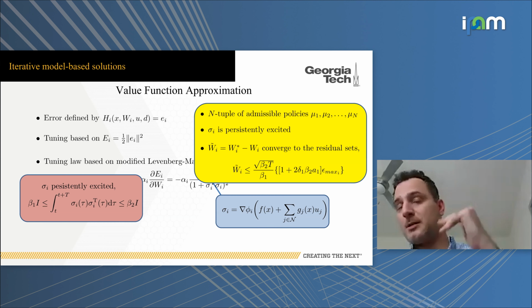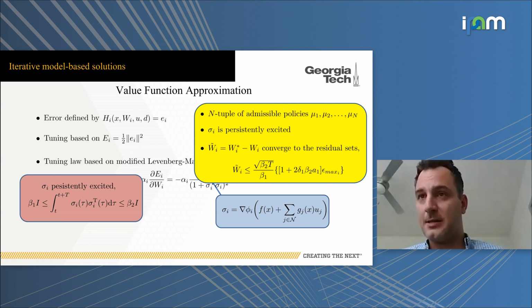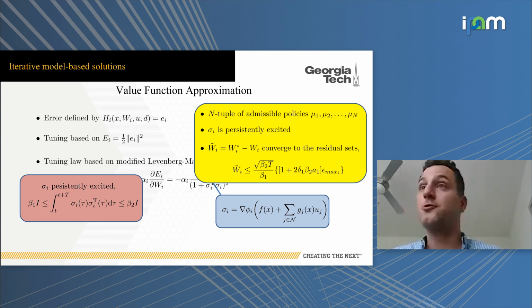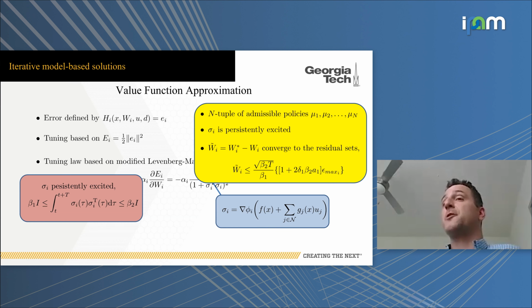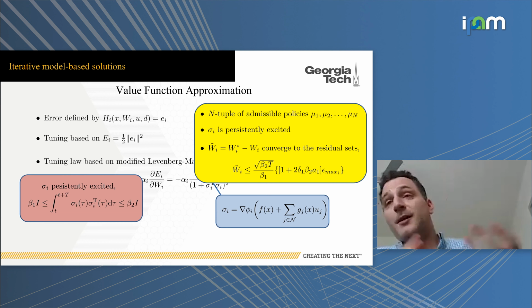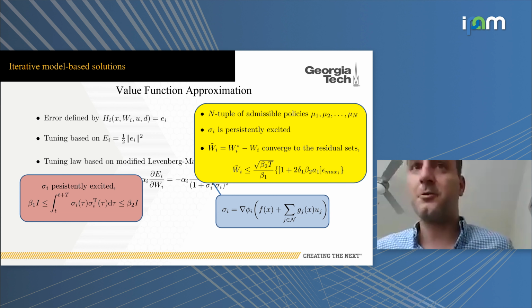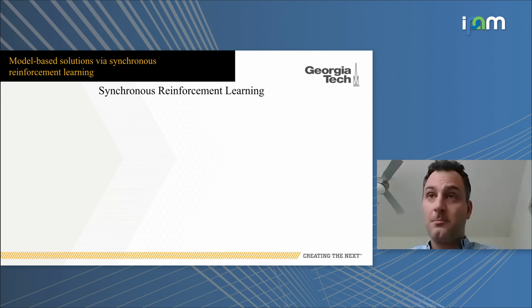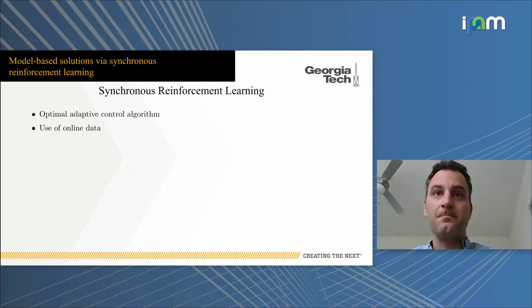Okay, so of course, as I said, we have theorems that we can prove that we're very close to the optimal solution. This is for nonlinear systems, and for linear systems we're exact because we know the solution to the Riccati equation.